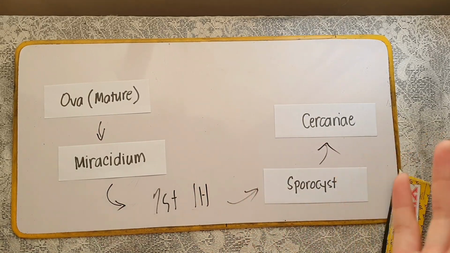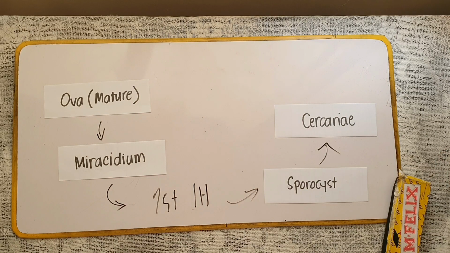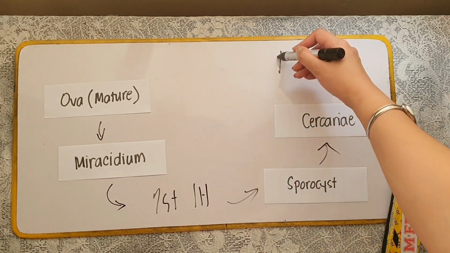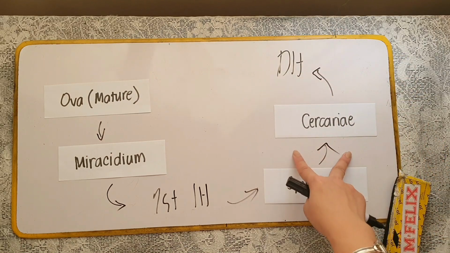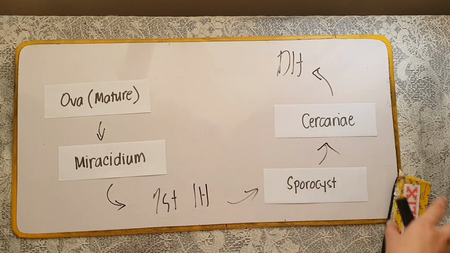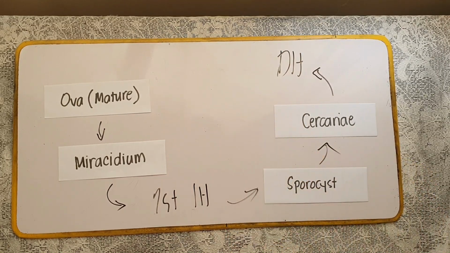Once a definitive host comes into contact with water, what will our cercaria do? Your cercaria will enter or penetrate the skin of the definitive host through the action of its proteolytic enzymes.